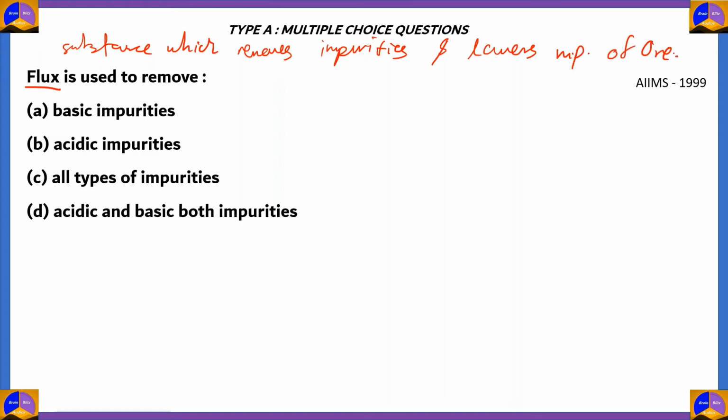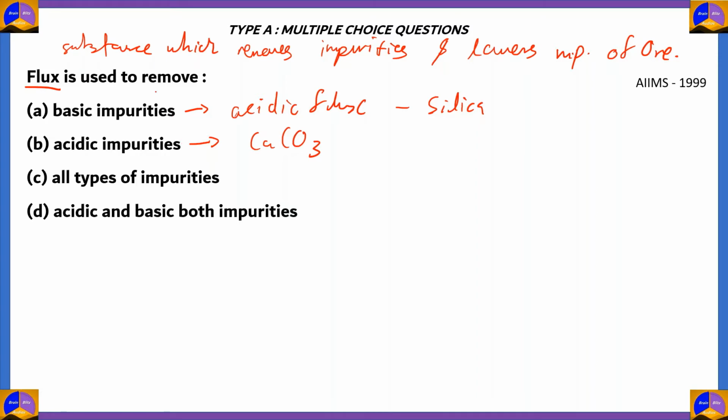By removing impurities. So when we have basic impurities, you usually add an acidic flux. For example, silica. If you have acidic impurities, then you use a basic flux such as CaCO3.